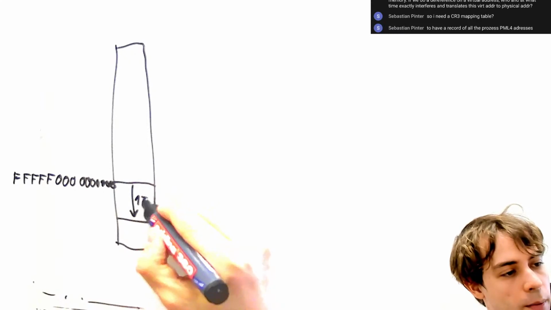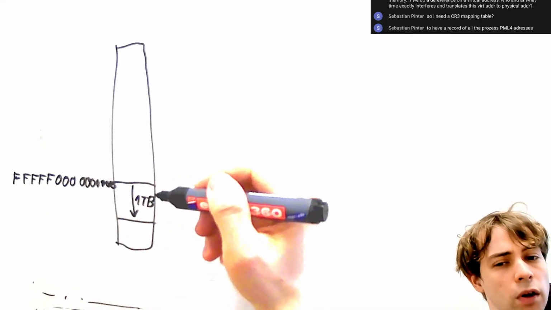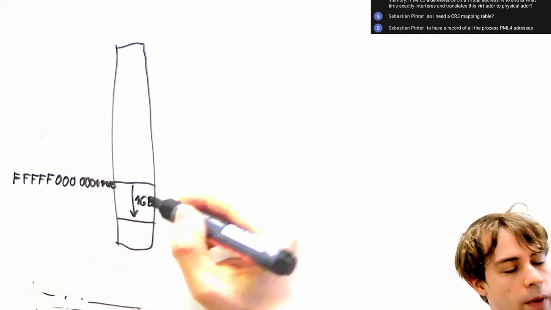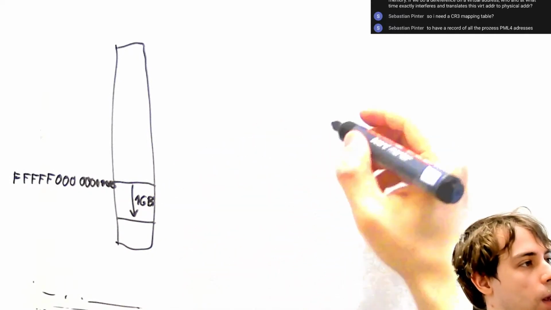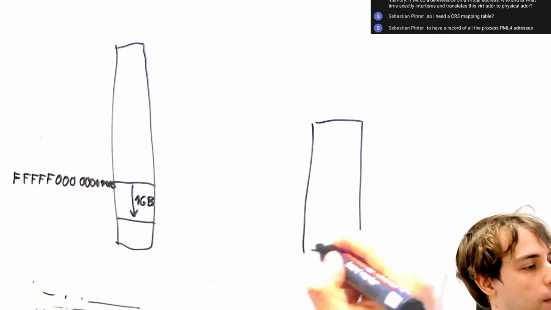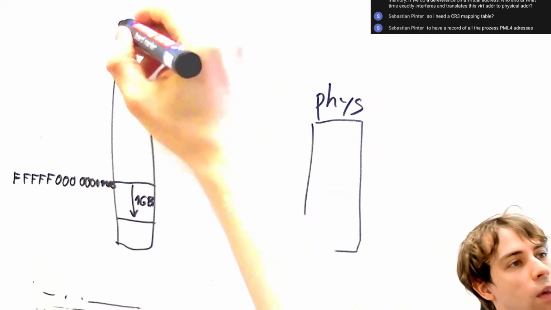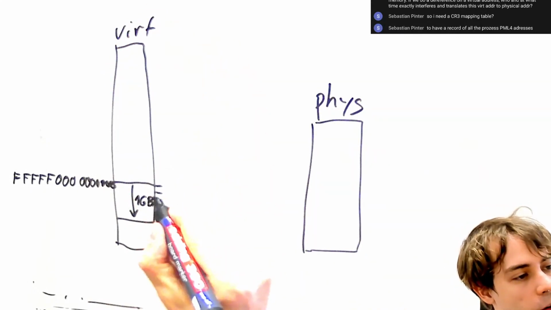It's 1 terabyte or 1 gigabyte maybe. I think it's 1 gigabyte only. 1 gigabyte. And any address in here, if we take a look at the physical memory now, this is physical, this is virtual. This will be divided into pages, right?